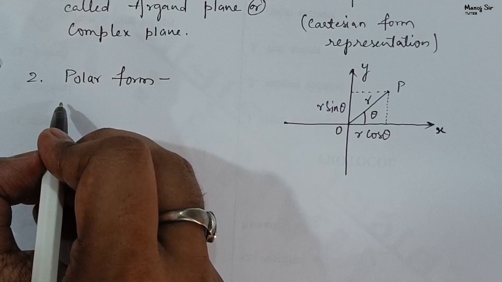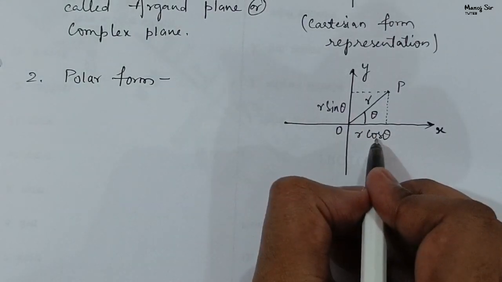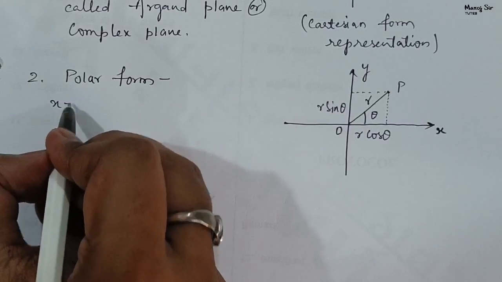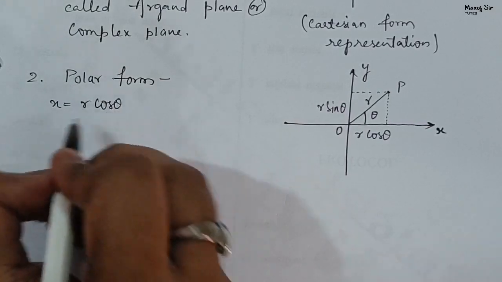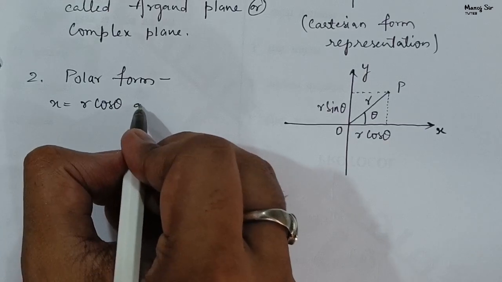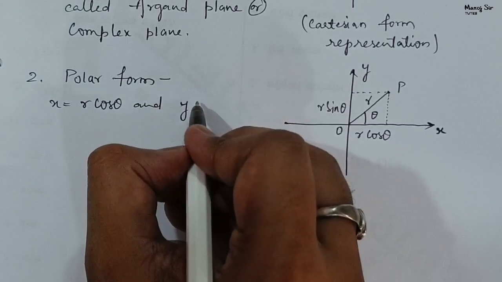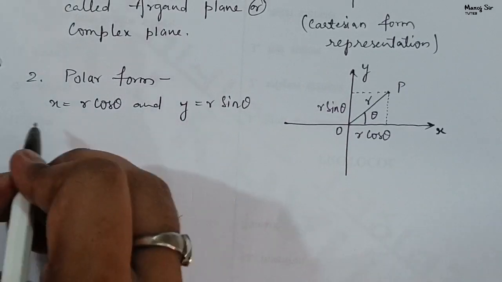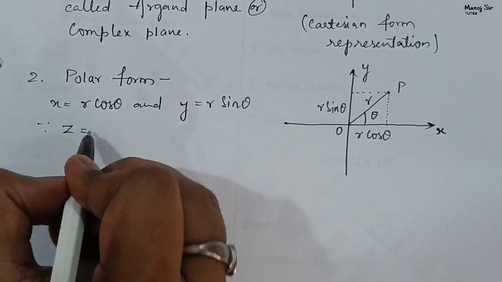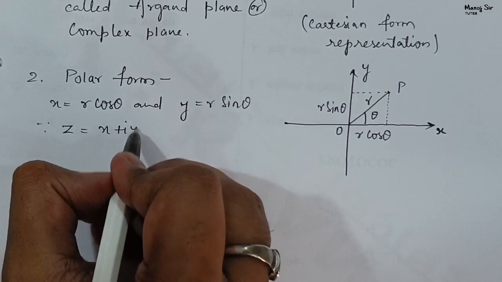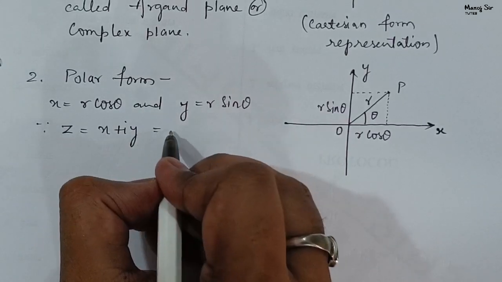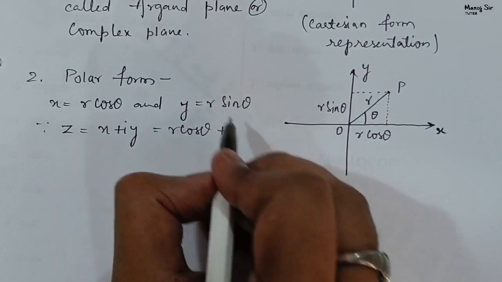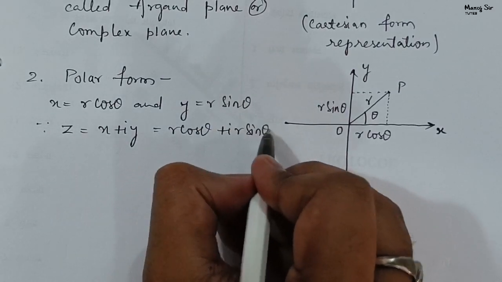So here x is r cos theta and y is r sin theta. So we have x equals r cos theta and y equals r sin theta. Since we know z equals x plus iy, x is r cos theta, plus i times y, which is r sin theta.